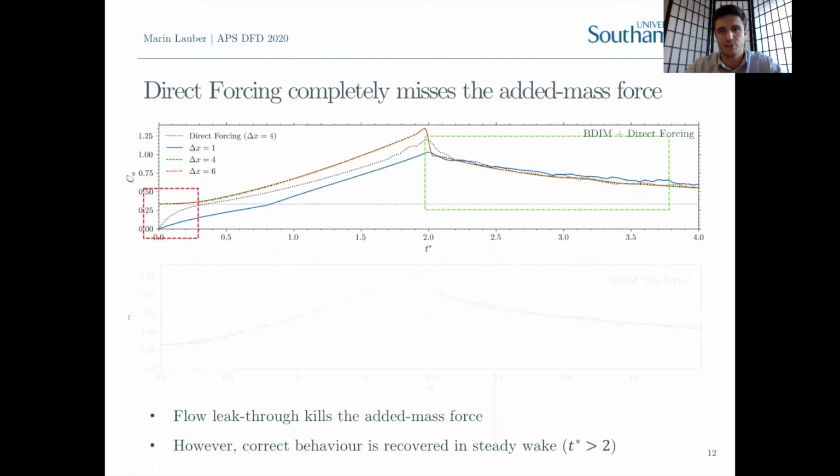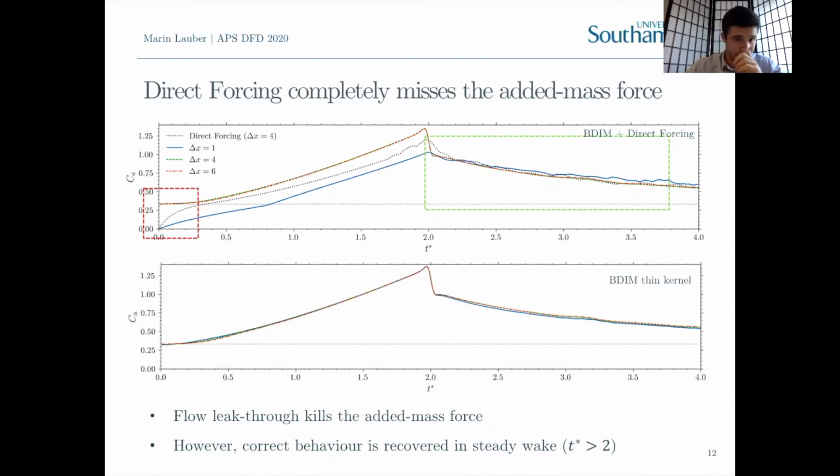But you can also see that you recover the correct behavior once a steady state is reached and the wake is allowed to evolve. On the other hand, once you properly discretize the pressure boundary condition, you recover the correct added mass term for any discretization, and also the standard steady wake results.